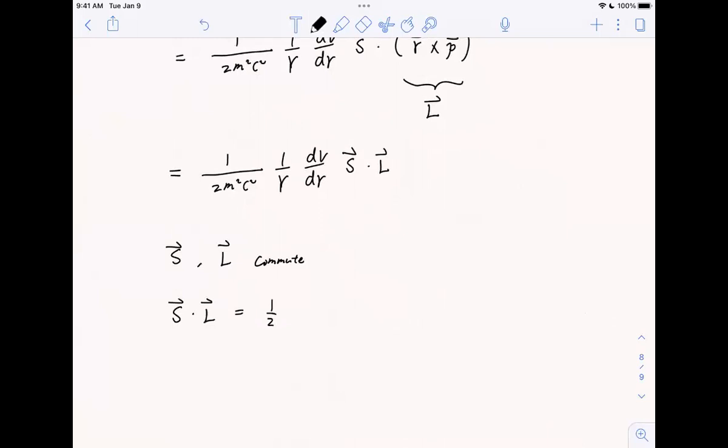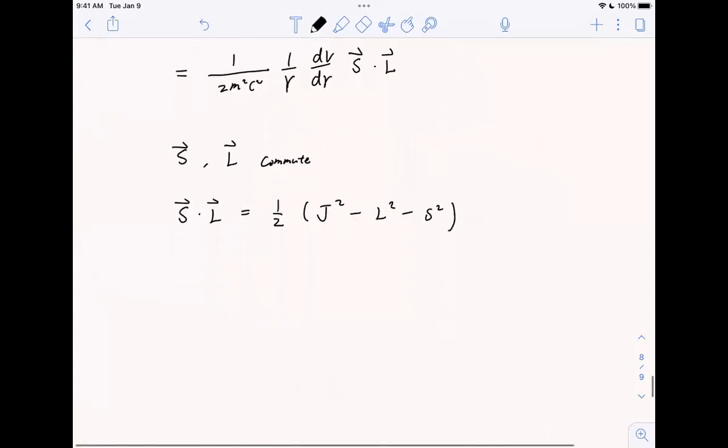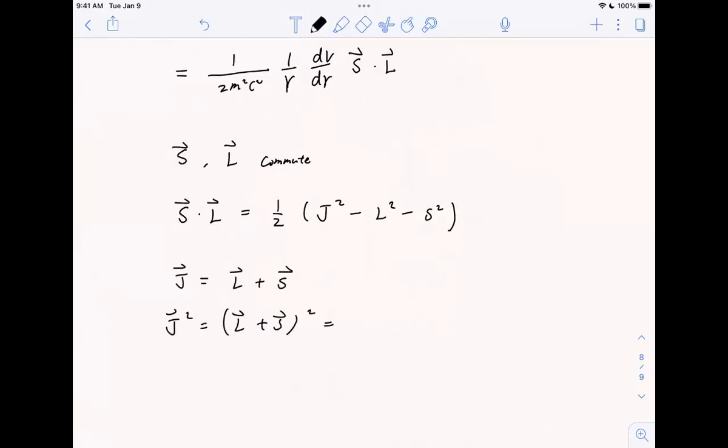So you can find this relationship: J squared minus L squared minus S squared. You can easily see it, right? J is L plus S, so J squared will be L squared plus S squared plus 2 S dot L. Then you reverse it, and you get this formula.